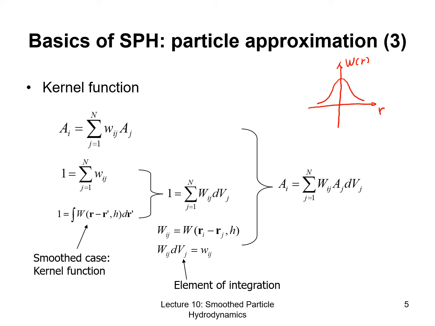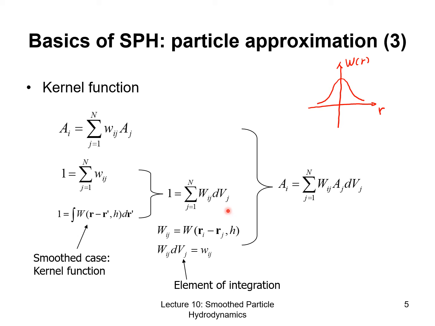And we also hope all these weights add together to 1. That means if we find the kernel function's integral in the entire space equal to 1, then it will help us to achieve the so-called consistency condition. And the integral equal to 1, we can basically write in this form to approximate the integral by a summation of weights, the function value, and times the volume of integration.